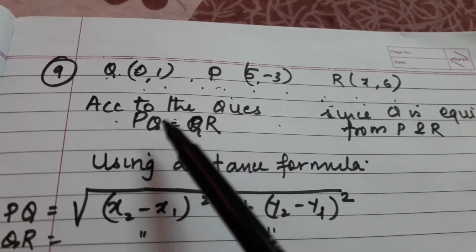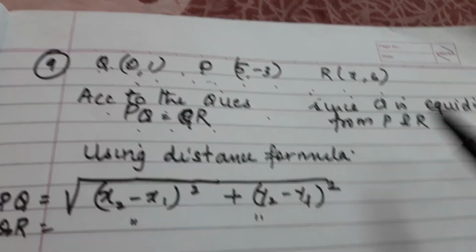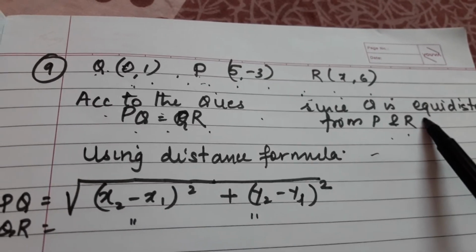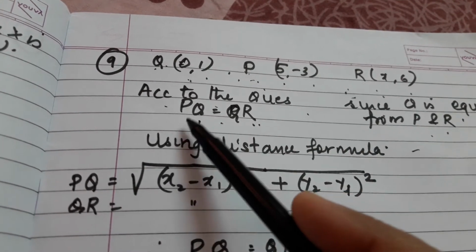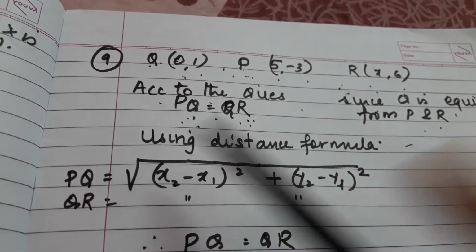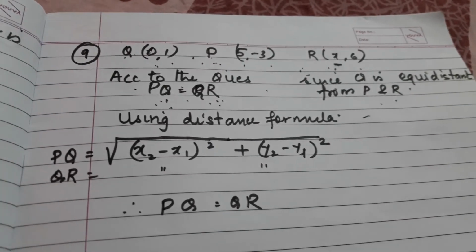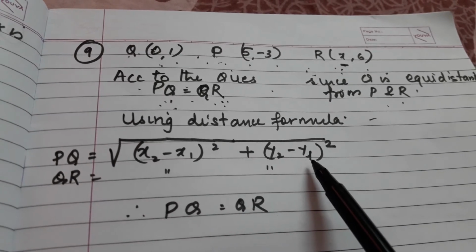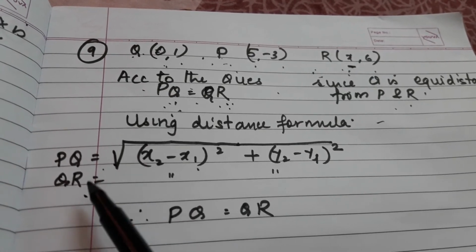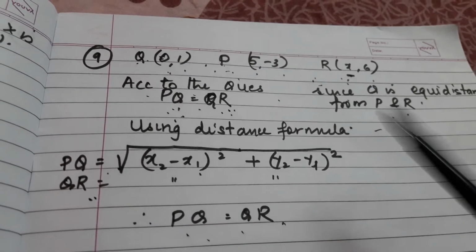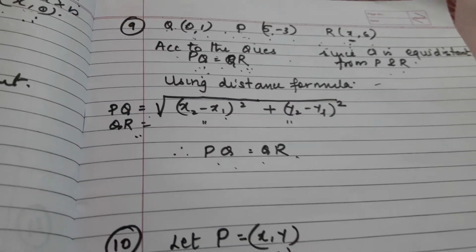According to the question, PQ is equal to QR, because they say that Q is equidistant from P and R. Equidistance means you find PQ and QR and equate them to get the answer for x. Here x is unknown. Apply the same formula for PQ and QR, then equate those and you will get the answer for x. You will solve this, and if you have doubt you can ask me.